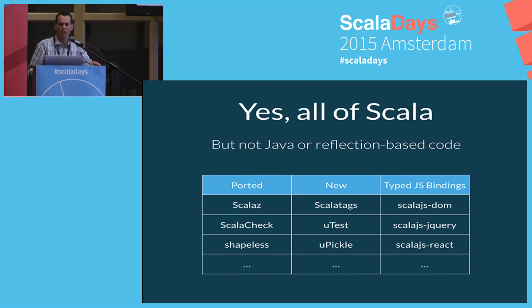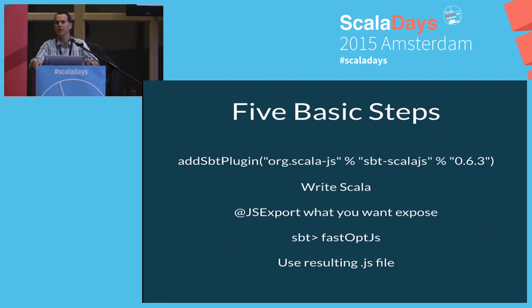So to use Scala.js, it's actually pretty simple. There's a plugin that I mentioned. You include that in your build, and you incorporate the settings from the plugin just like you would any other plugin. And you go away and you write Scala code. The only special thing you need to worry about here is you mark the entry points into your code. So this is what you're exporting to JavaScript, if you like.